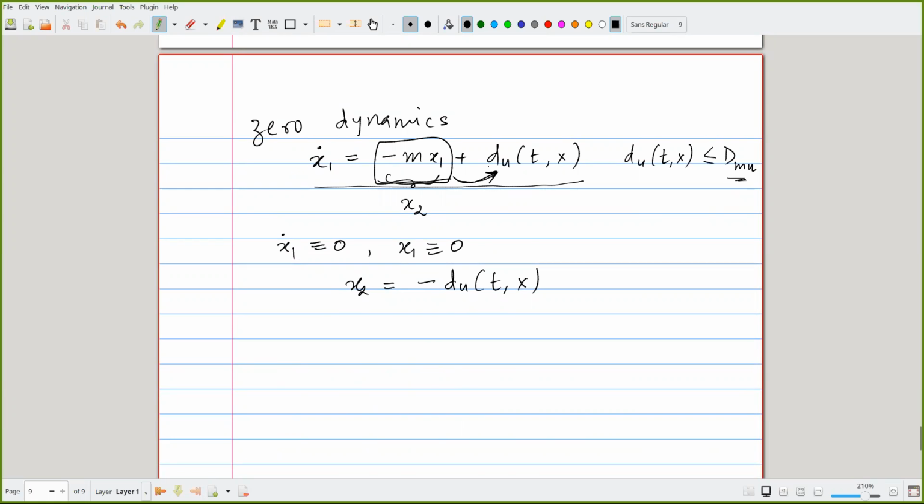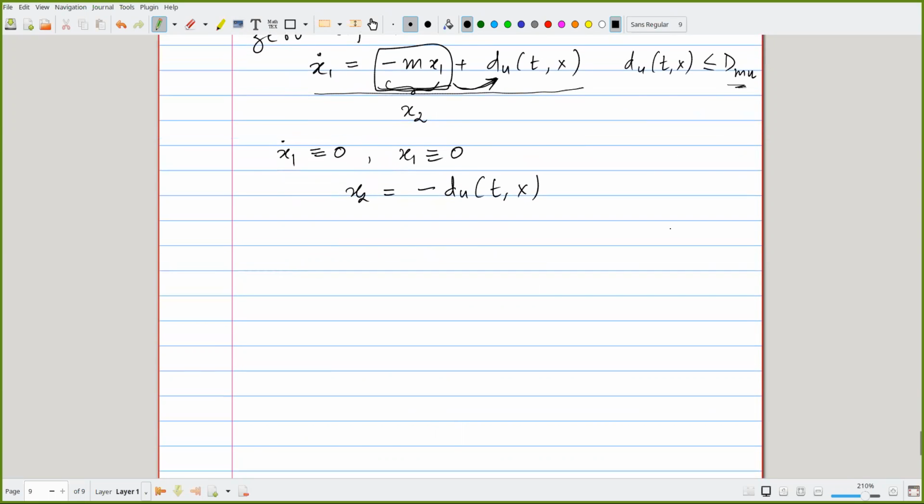So there are various notions, and this is one of the notions I am telling, that x2 of t tracks this disturbance, right? So x2 of t becomes this disturbance, then only we can guarantee the stability of x1, right? For x1 dot to be zero, this x2 has to be equal to this unmatched disturbance.